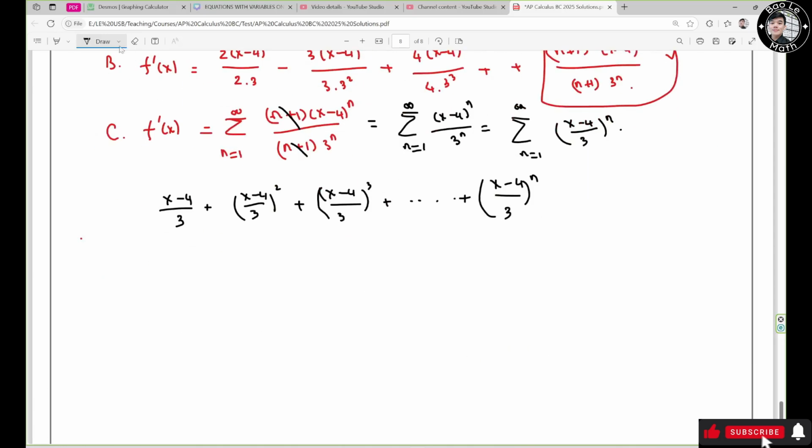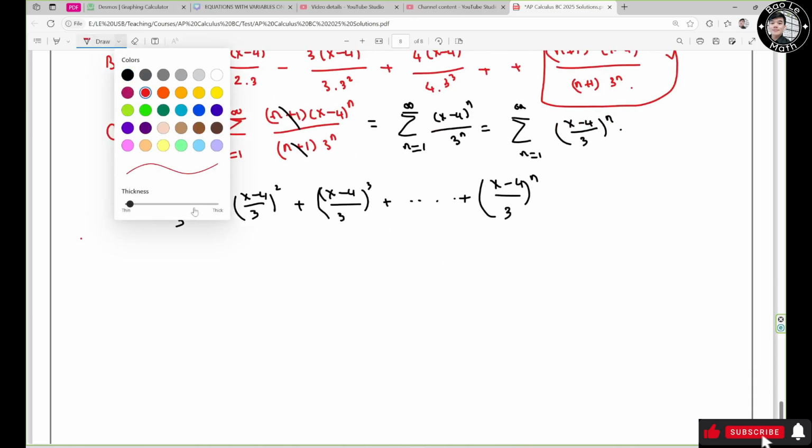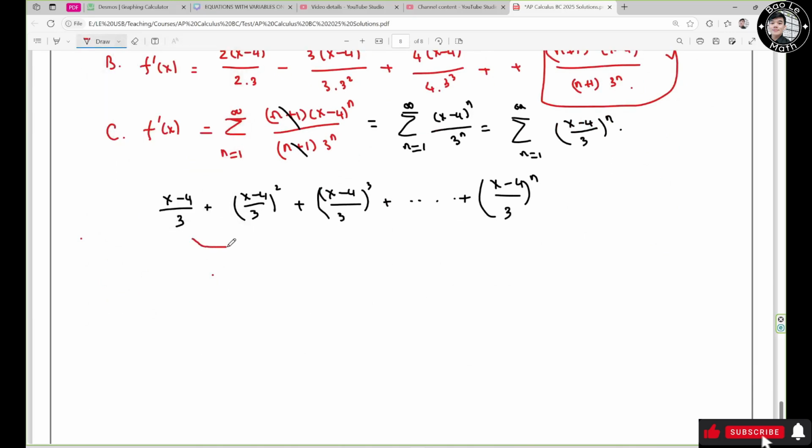Now, observe that this one is a geometric series, with a common ratio of (s minus 4) over 3, because you just multiply by (s minus 4) over 3 each time. So we have the common ratio r equal to this, and the first term right here.